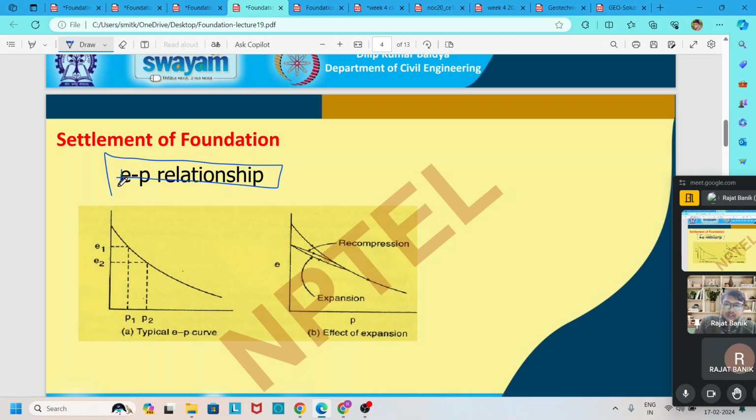Here e means void ratio and p is the stress or pressure. This curve is a negative curve: if the pressure increases, the void ratio reduces, and if we unload the pressure, the curve goes back. This is called compression and recompression.